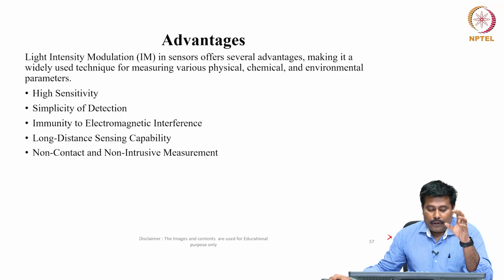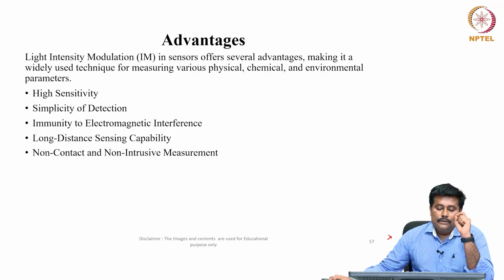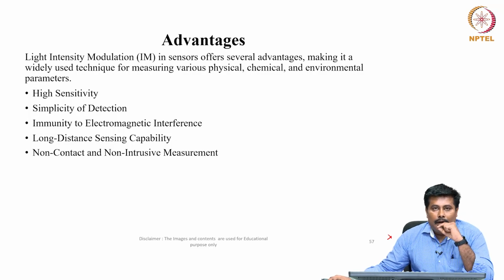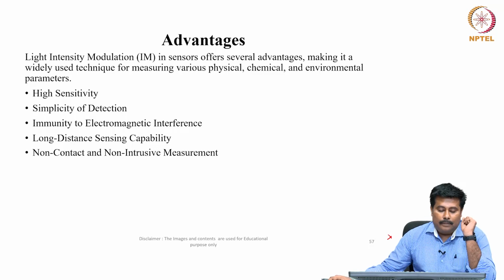Now when we look into the advantages of this system, these light intensity modulated sensors offer several advantages, making them a widely used technique for measuring various physical, chemical and environmental parameters.